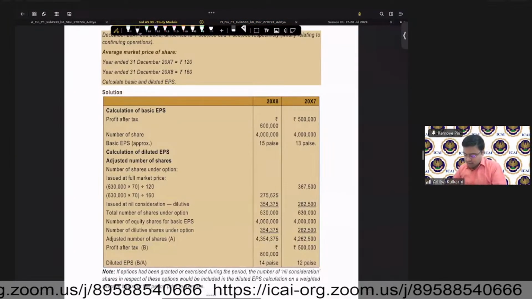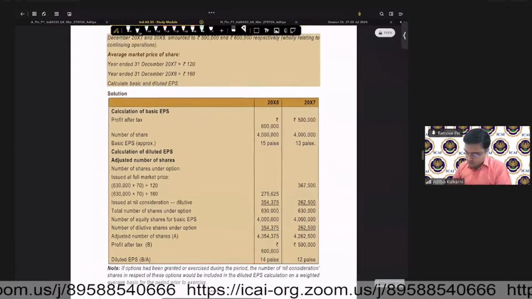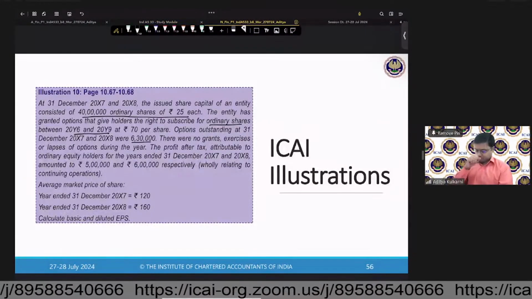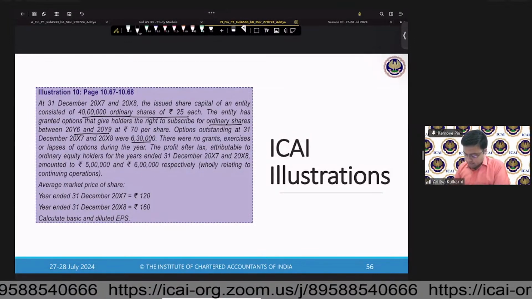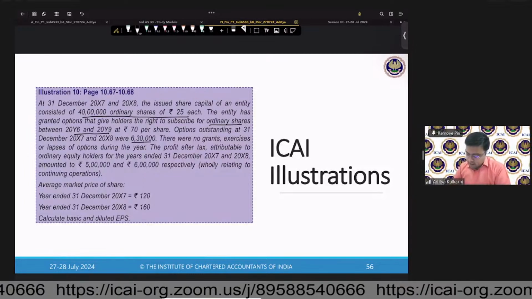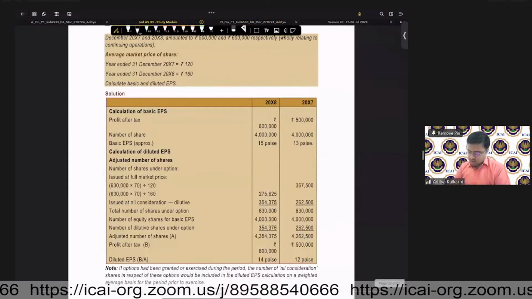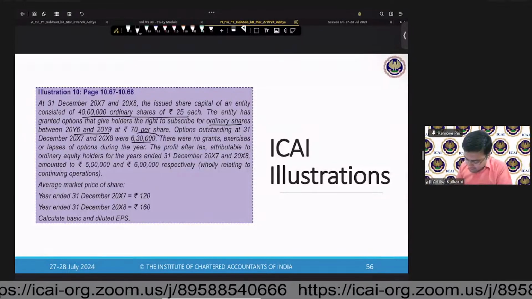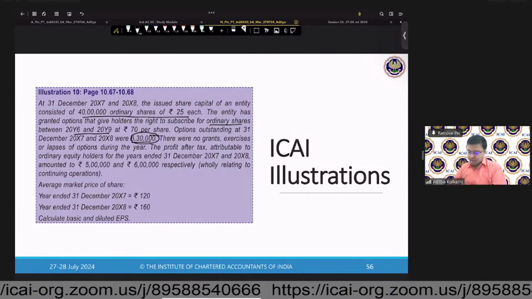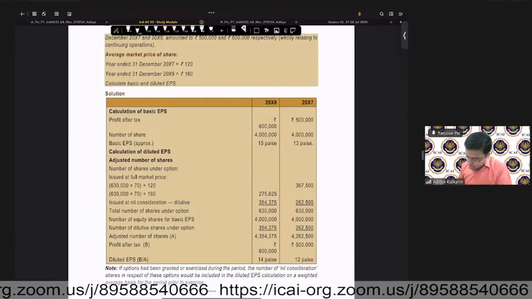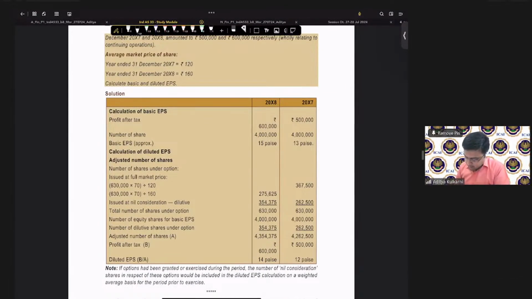So this is not really very difficult. Yes, so you are having 6 lakh and 5 lakh as the numbers relating to your profits. Yes, the net profit, and you are having certain options. So number of options that you have is 6,30,000. So number of shares at full market price, 6,30,000 into 70 divided by 120.